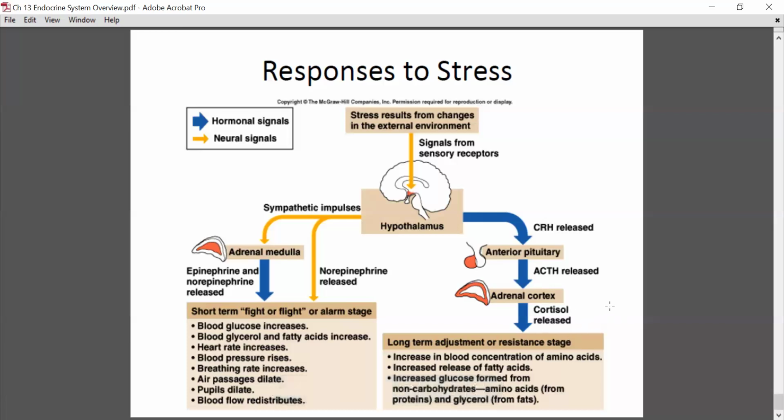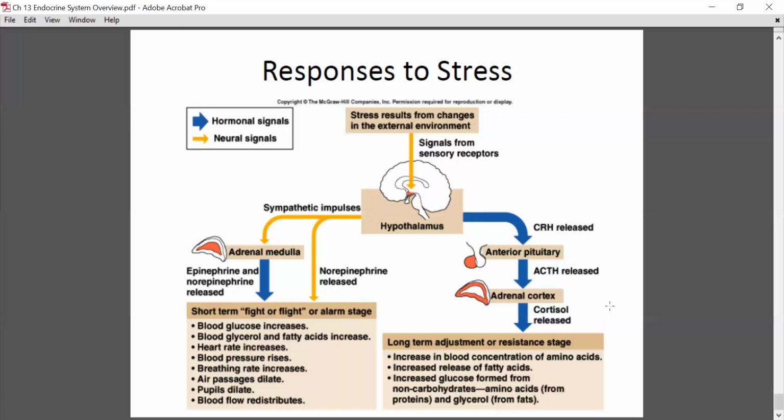Cortisol will help to increase blood concentration of amino acids. Cortisol will help to release or increase blood concentrations of amino acids, helps to increase the release of the fatty acids from your adipocytes, and it helps increase glucose in the bloodstream.